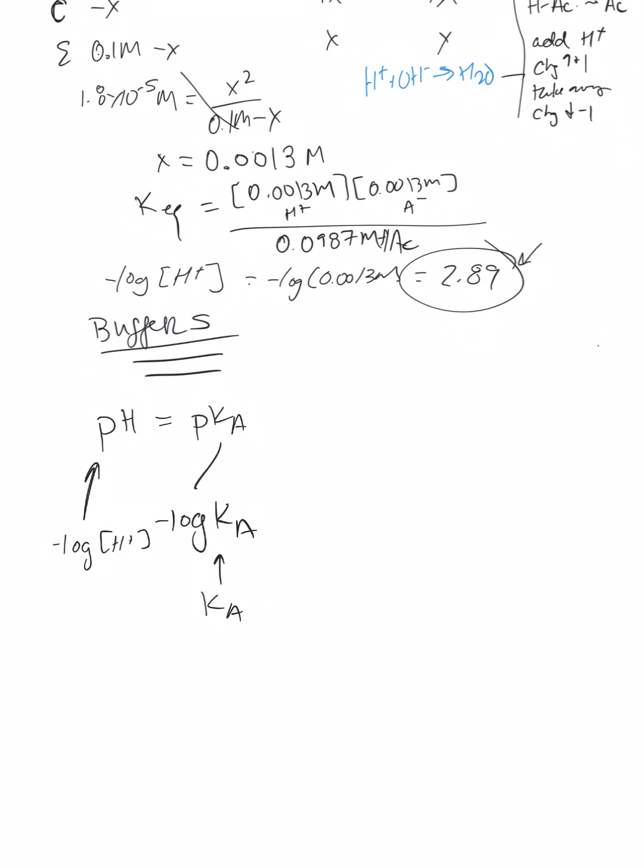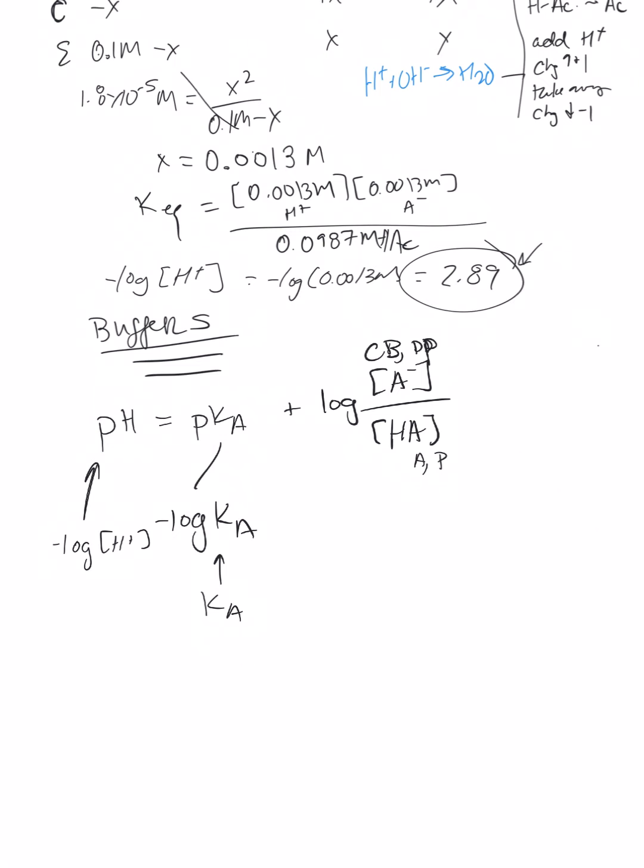But the pH is equal to the pKa plus the log of the concentration of the A minus, or the conjugate base, or the deprotonated form, over the HA, or the acid, or the protonated form of our buffer. All right, so our pH is equal to our pKa plus our log of A minus over HA.